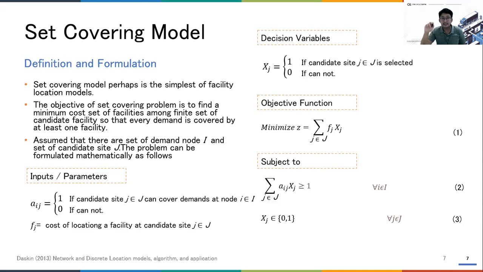The set covering problem is perhaps the simplest facility location model. The objective is to decide which facilities are selected or opened so as to minimize the total cost of using those facilities.